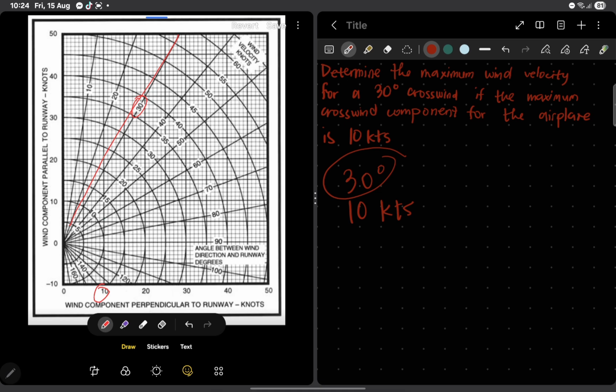What you'll do now is look for the point in which these two intersect. So 30 degrees, 10 knots here. Then take a look at which arc it also intersects with. It intersects with this arc, which is 20 knots. So your answer will be 20 knots.